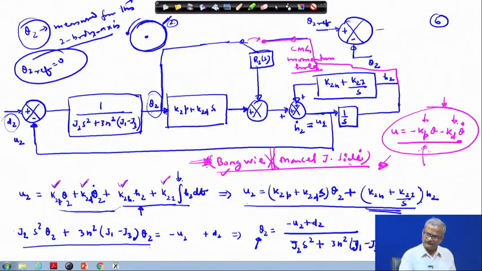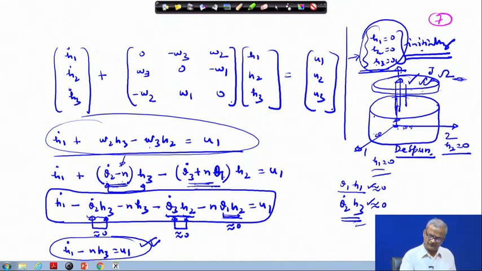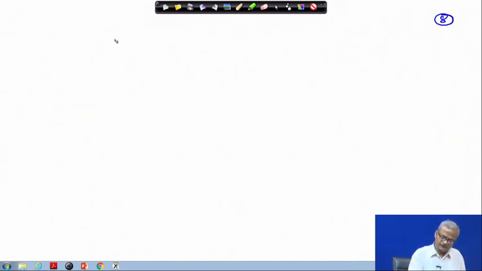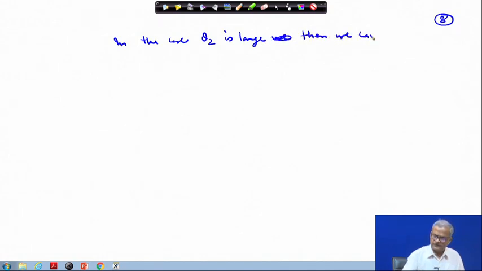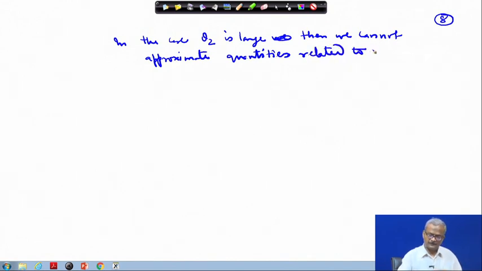In the case where theta 2 is large, then we cannot neglect the quantities related to theta 2.